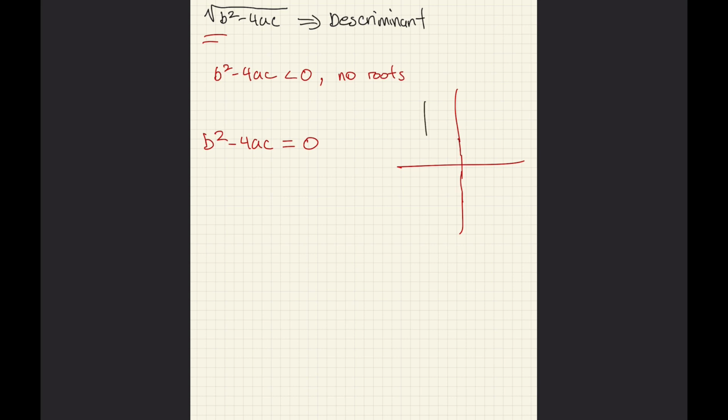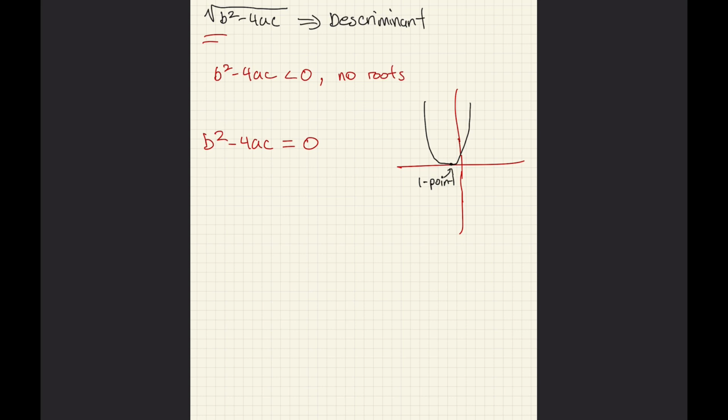So when we draw it, it might look exactly like this because it touches the x-axis in one point. In reality, this will look like (x plus a)(x plus a), so it'll be the same root both times. It's a repeated root, is what we say.